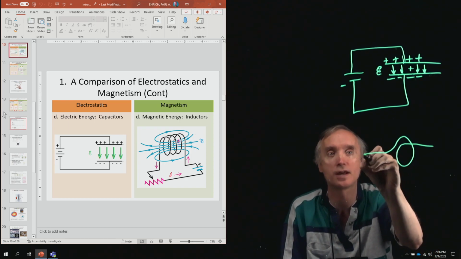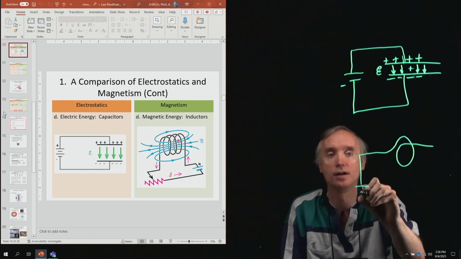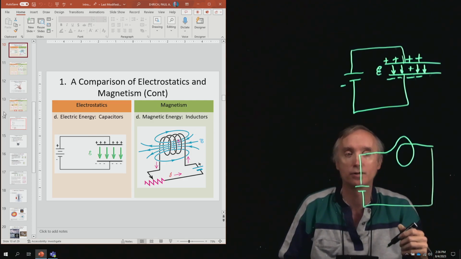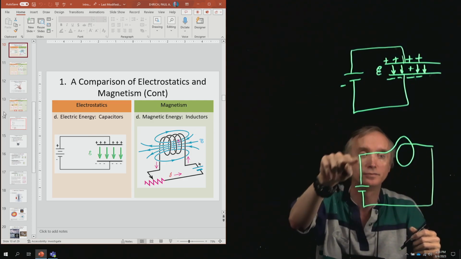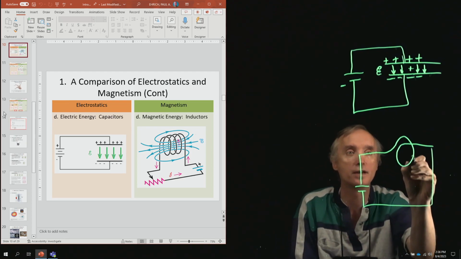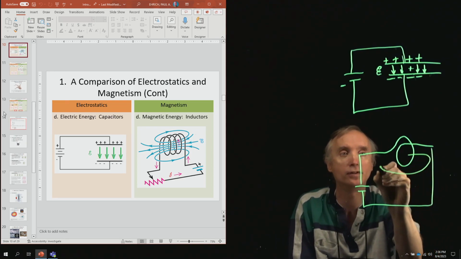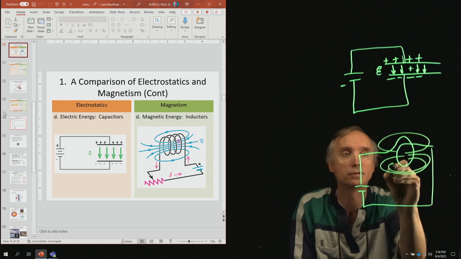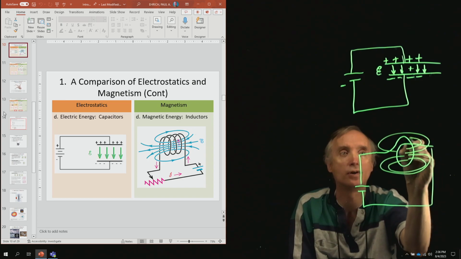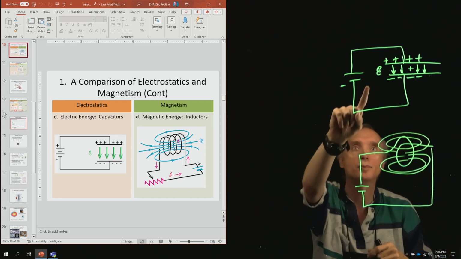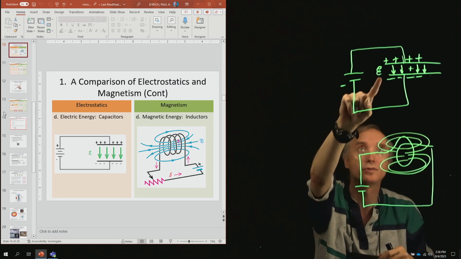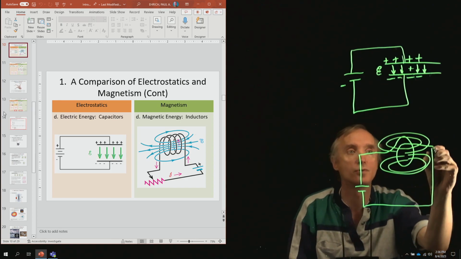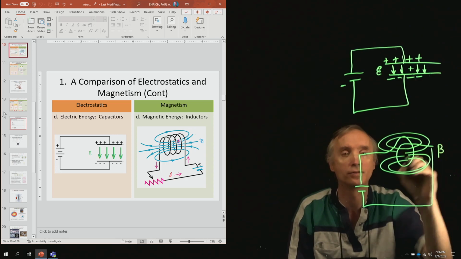So we're going to attach this to a battery the same way that we did before, and so this time it's going to create an electric current in the wire, and then that's going to create a magnetic field that is going to look like this in there. So this thing up here, the capacitor, stores the electric field. The inductor stores the magnetic field.